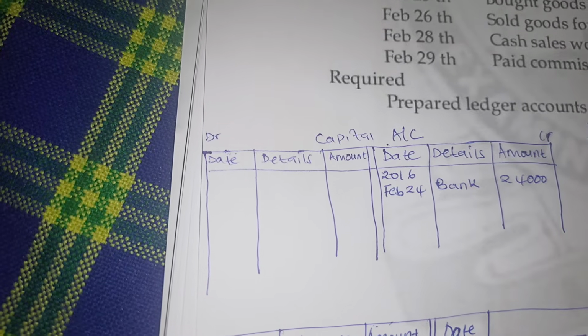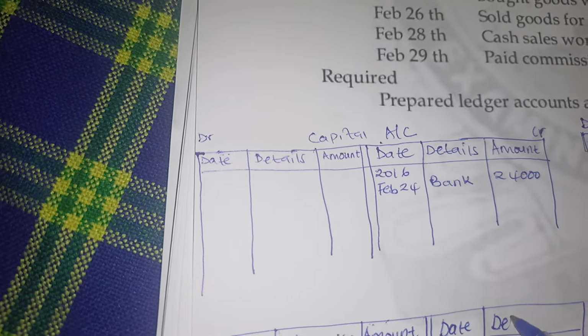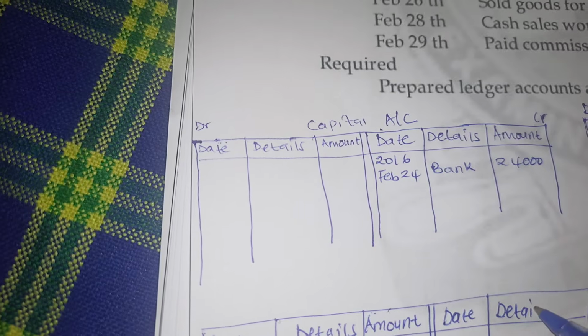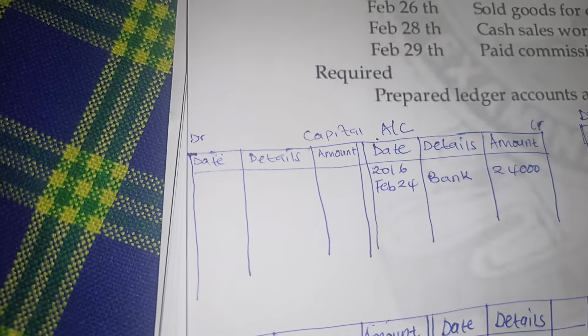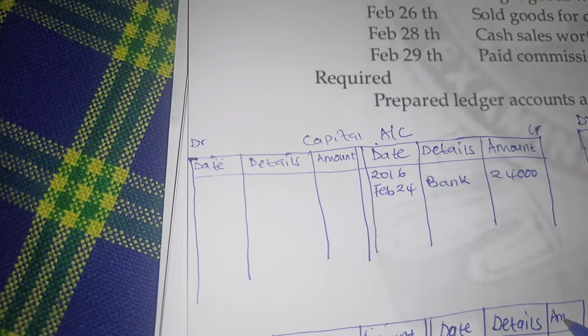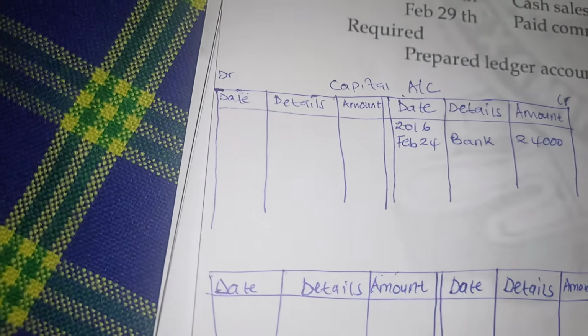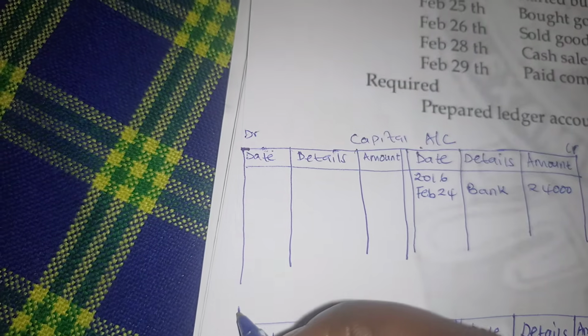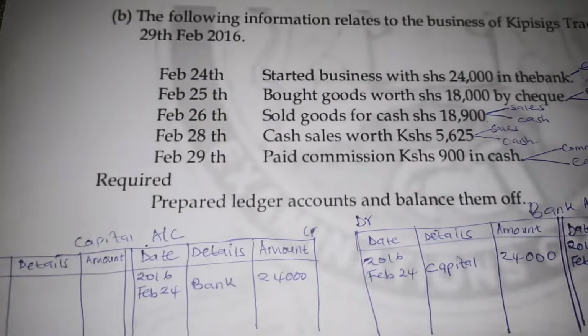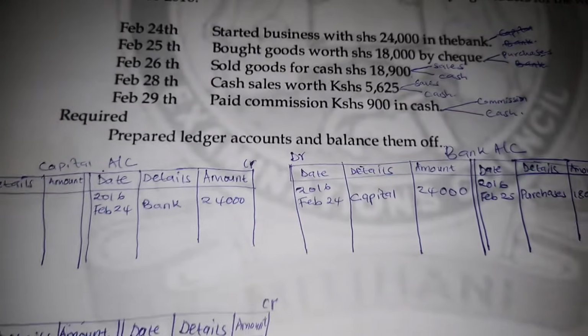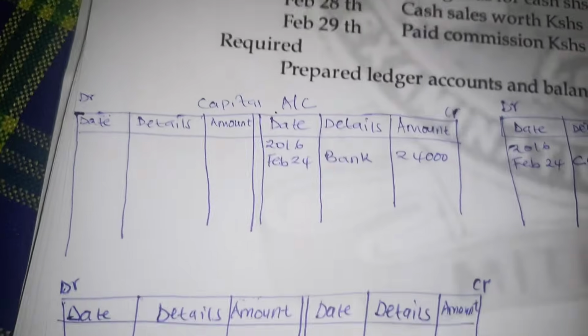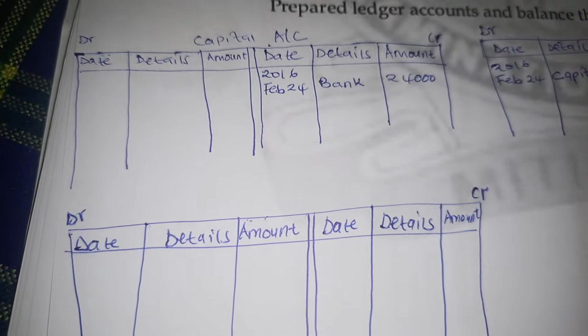Date, details, and the amount. This is our credit, this is our debit. Yeah, our debit and our credit.